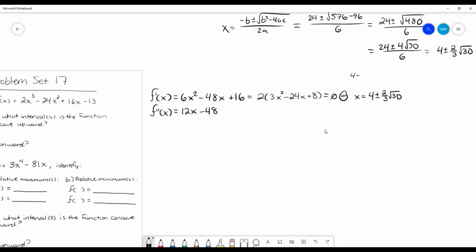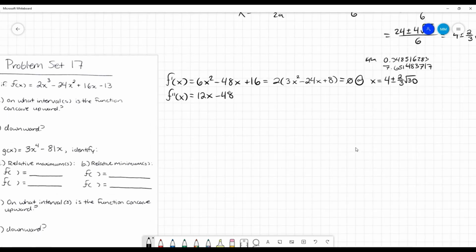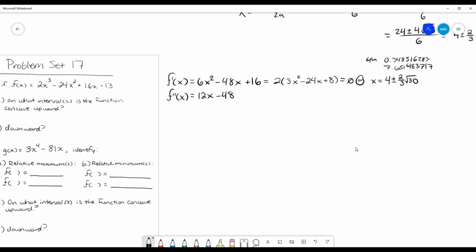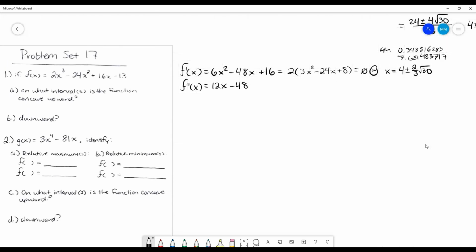So 4 minus that is about this, and 4 plus it is about that there. And the only reason that this matters is because I want to be able to easily pick a number that's going to be on those intervals, and so that I can make sure that I've got everything in order. It's not totally necessary, but it's just helpful.